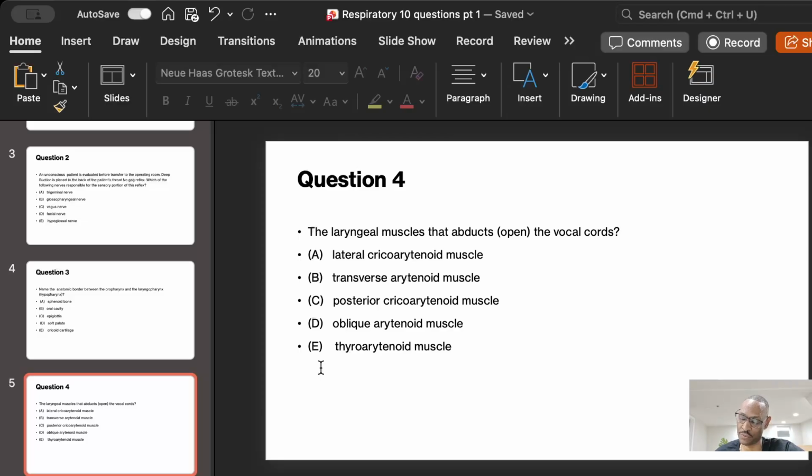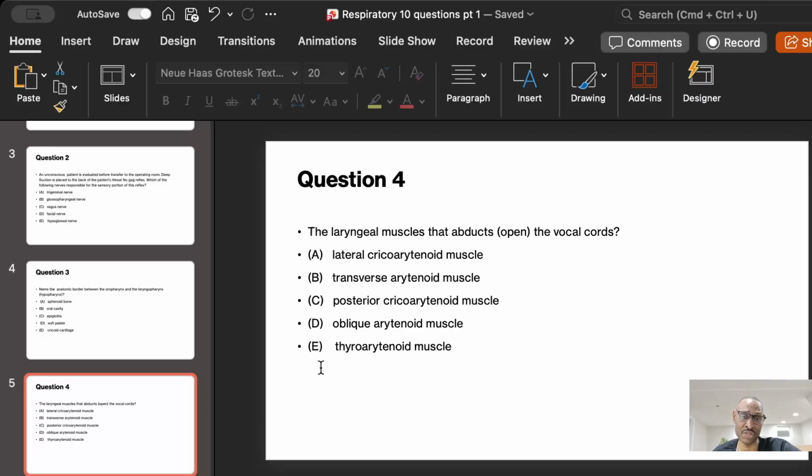It's really important: what muscles make the vocal cords open, or abduct, or adduct? We have a list of muscles there. Try your best to identify every one and their function.